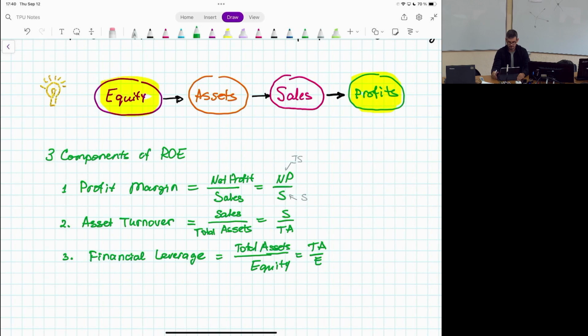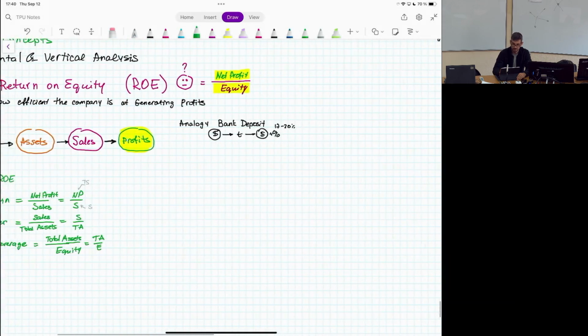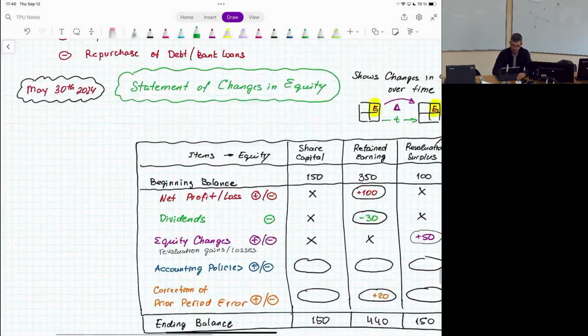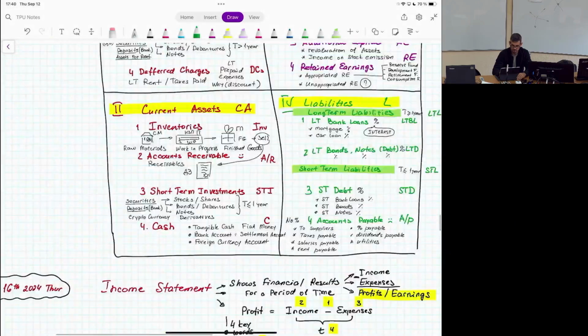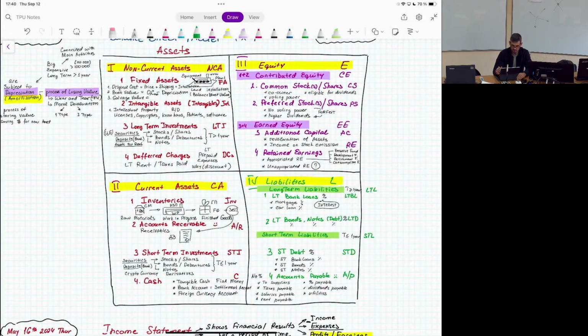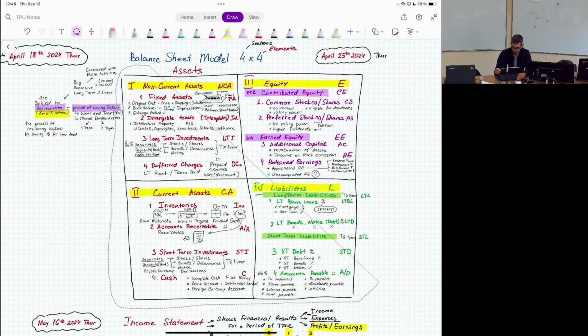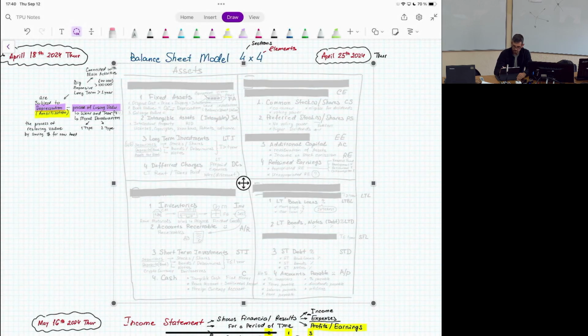So now I need to do something for us so that we can start playing with numbers. First of all, we need to go back to our balance sheet, and we will need the numbers for the balance sheet so that we can do some calculations. So I'm going to take the balance sheet from our notes.